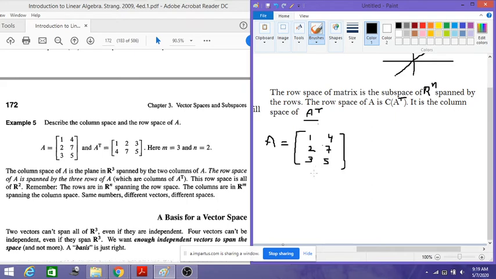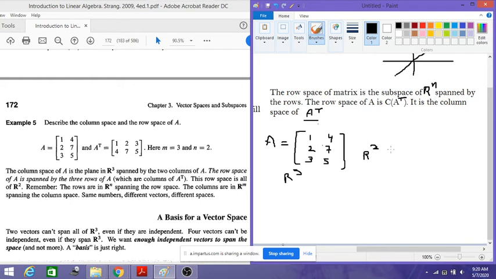The column space is R power 3, defined by a plane in R power 3 and spanned by the 2 columns of A, and the row space is defined by 3 rows in a 2-dimensional plane, that is R square.